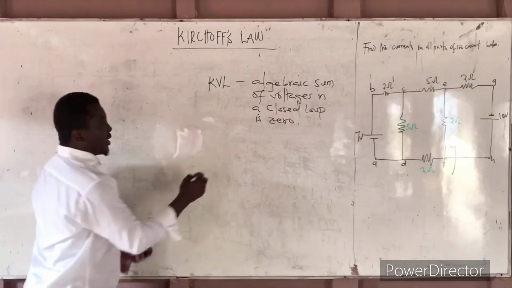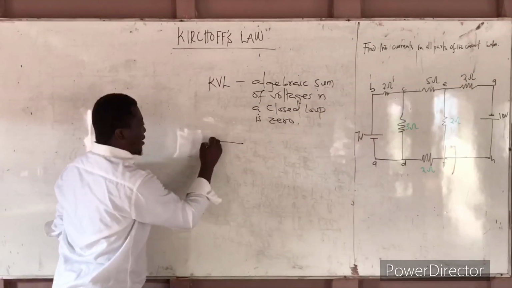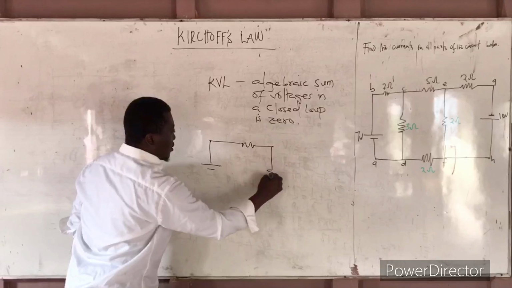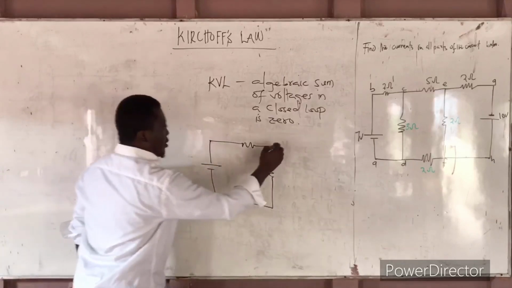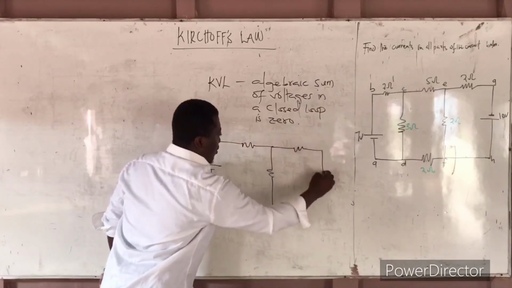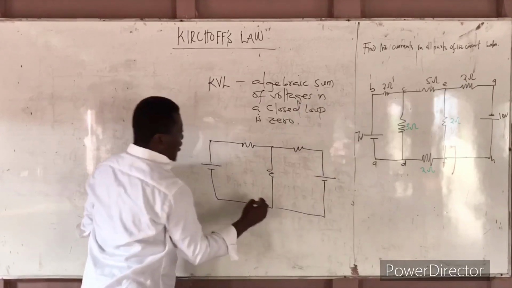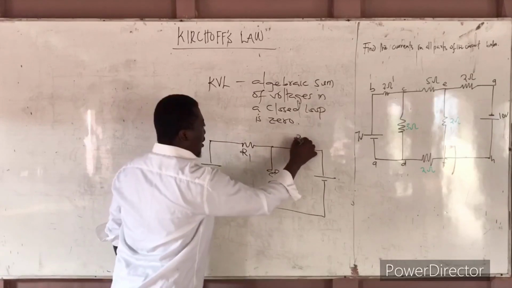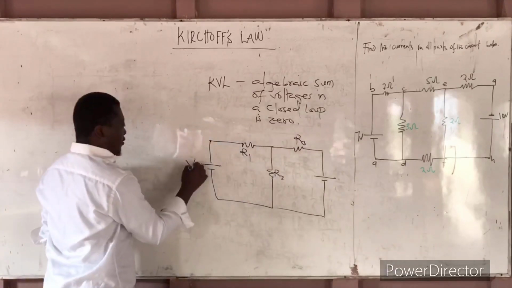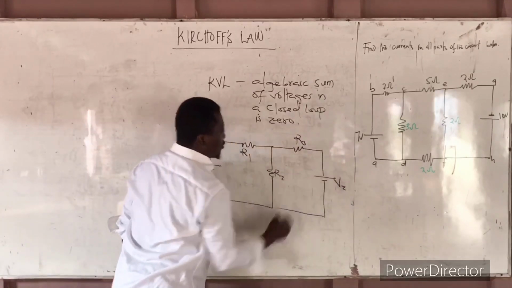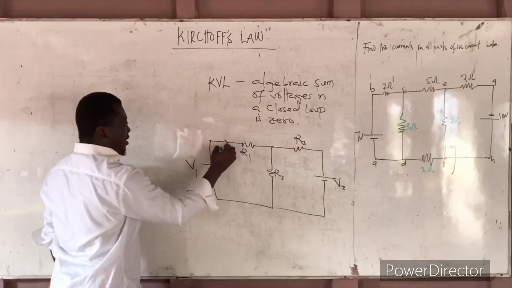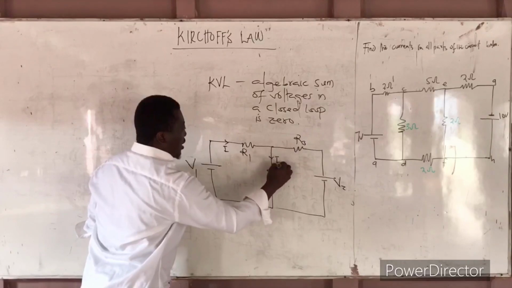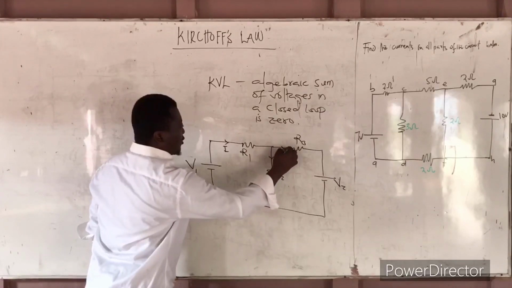What does it mean? It means that if you are given a simple circuit like this, and we have here R1, R2, R3, V1, V2, and current is coming from this side to be I, the one moving here to be I1, and the one moving here to be I2.